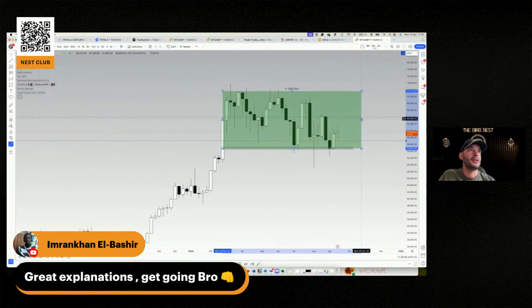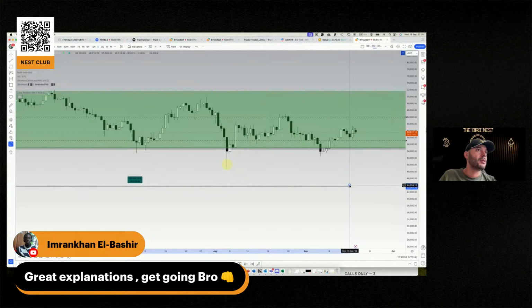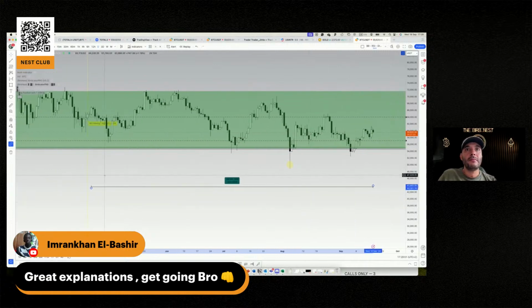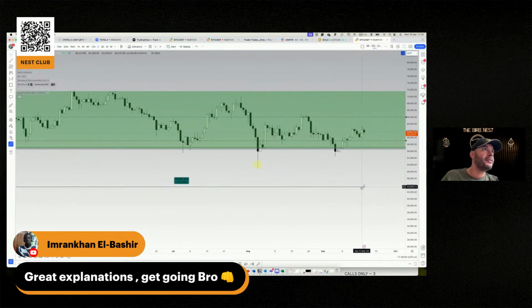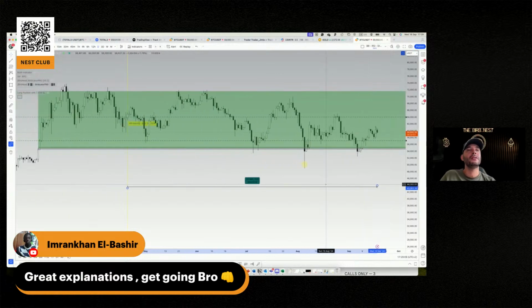This is still a range, and today we are how many days post halving? Let me go down to the daily to make it more precise. 151 days. This is 151 days post halving.